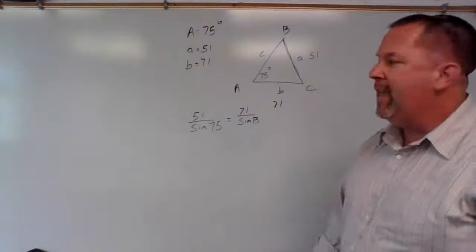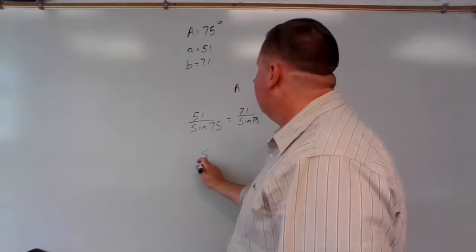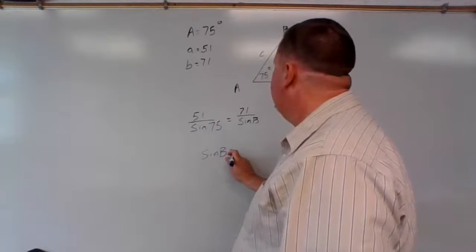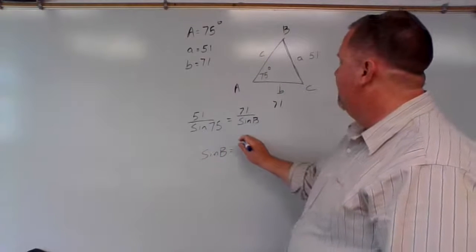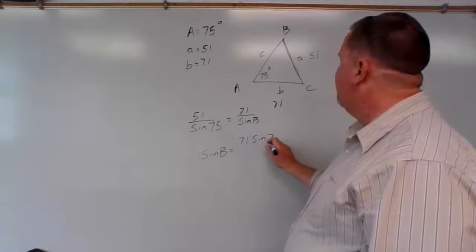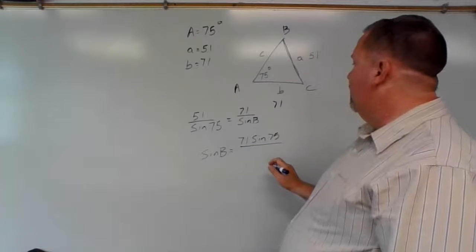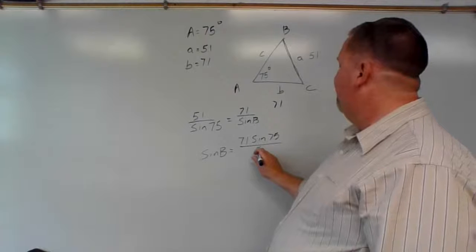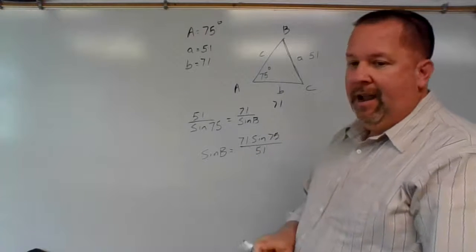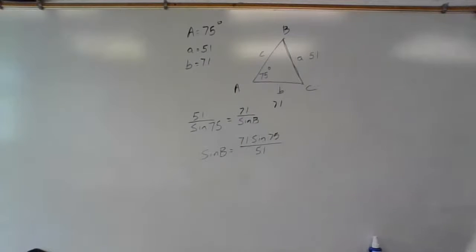I'll go slower when we do that in class if you're struggling with it, but it's essentially going to say this: sine of B equals 71 sine 75 over 51.